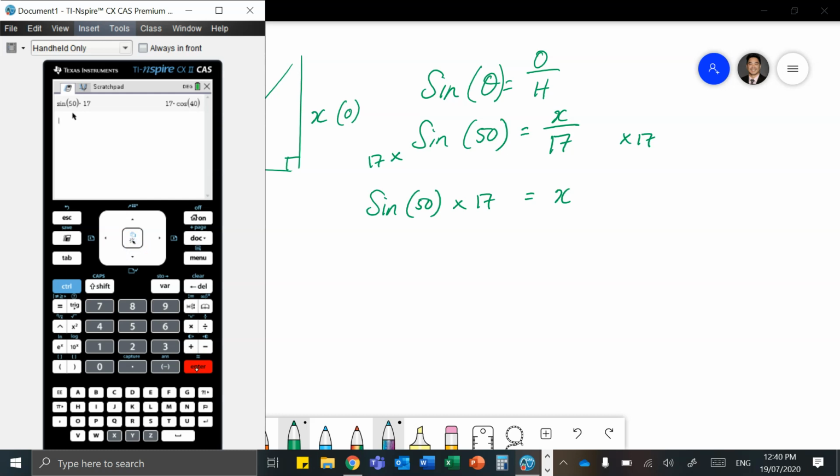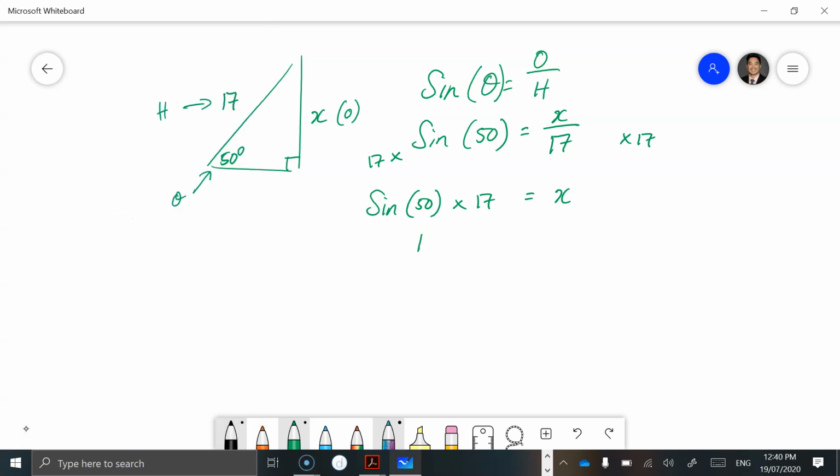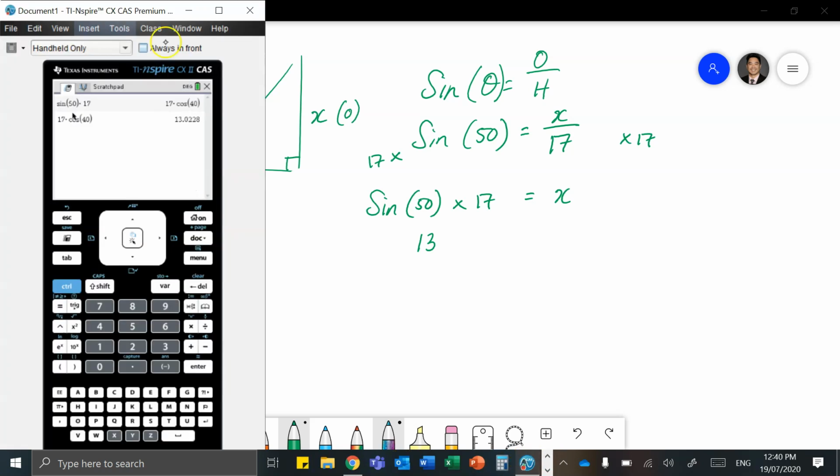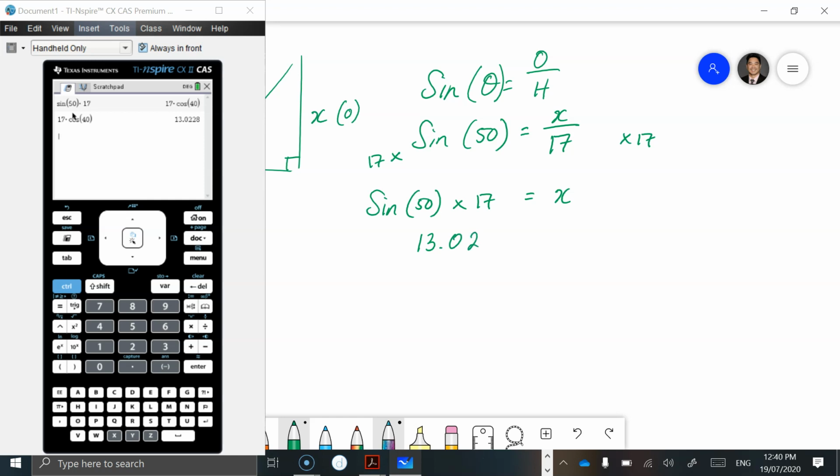We should change that into decimal, which is 13.02 as our side.